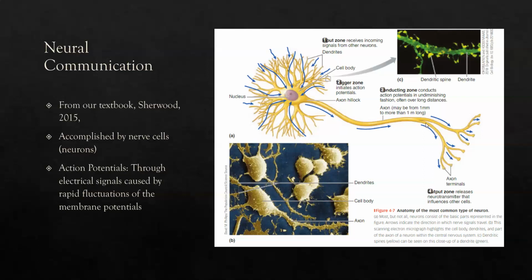It travels along the axon, and then it ends here at the axon terminal, which then sparks another neuron as it travels from neuron to neuron. So, 4 here, just really quick, this is the output zone, which releases a neurotransmitter that influences other cells. Whether this is connected to a muscle or to another neuron to continue the connection, this is where it happens. So from the axon hillock along the axon to the axon terminal.